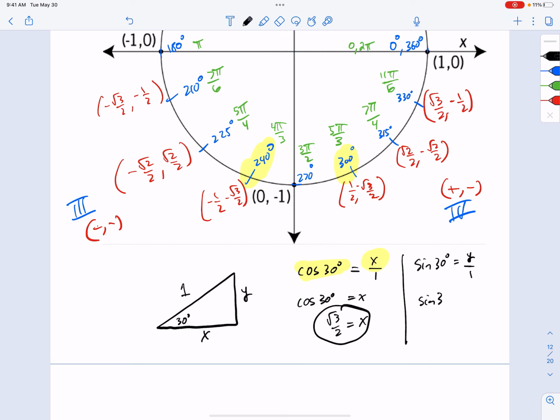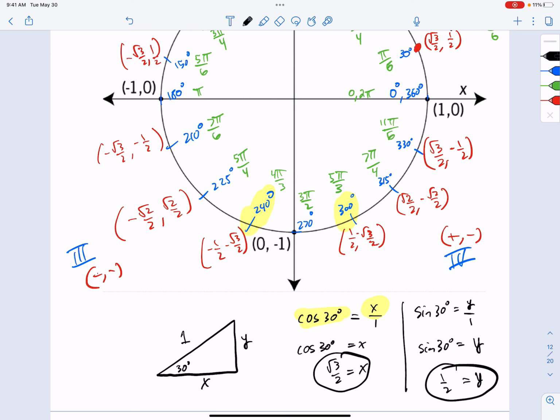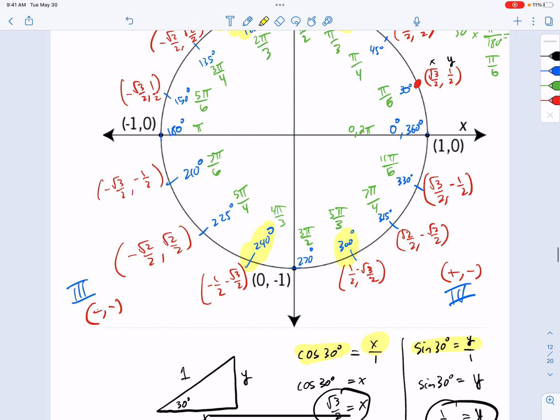So sine of 30 degrees is how we get that 1/2. I didn't really write that equation correctly. Let's say this is y, so y is equal to 1/2. And that's how we got this y coordinate right here. Okay, so the x coordinate corresponds to the cosine value, and the y coordinate corresponds to the sine value.